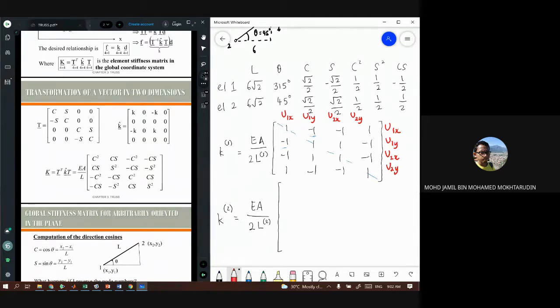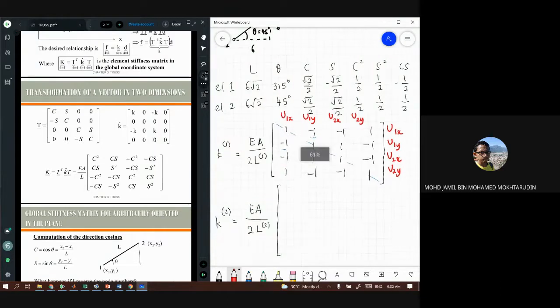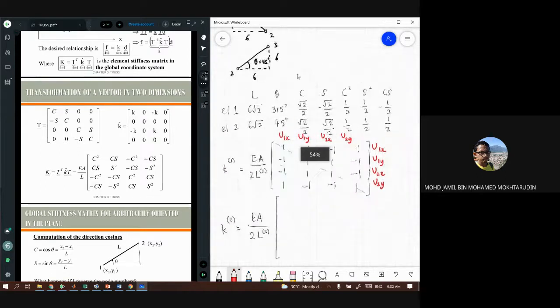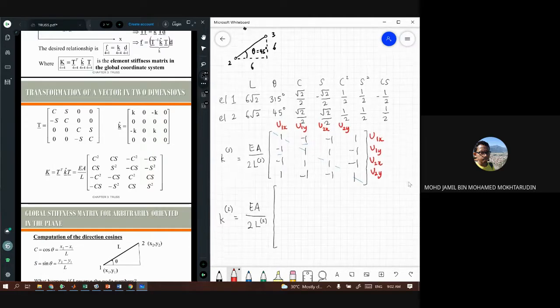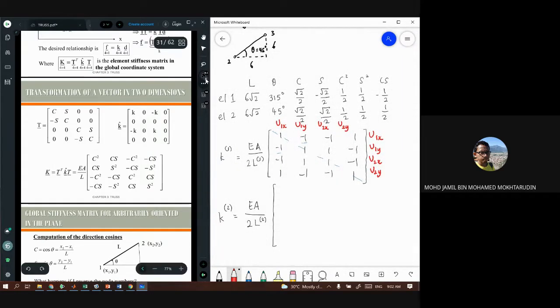But first, if you prefer to label it with the displacement, it's better, okay? So in element number 2, we have node number 2 and node number 3. So we label using displacement on node number 2 and displacement on node number 3.